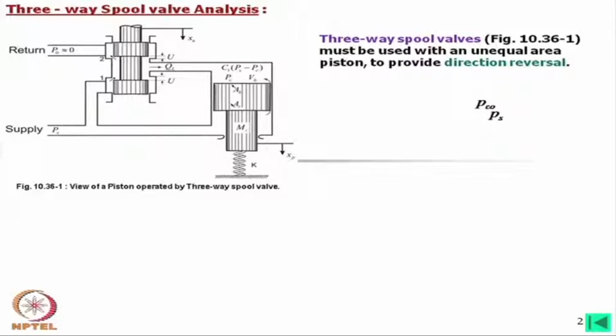In that case, normally the direction reversals are not frequent, or in other words, although directional reversal is done, the scope is there because it is a four-way valve, but it is usually connected to rotary actuators, and normally we do not go for reversal frequently. On the other hand, if we would like to go for a reversal, in that case three-way with the load cylinder, this arrangement is the best.